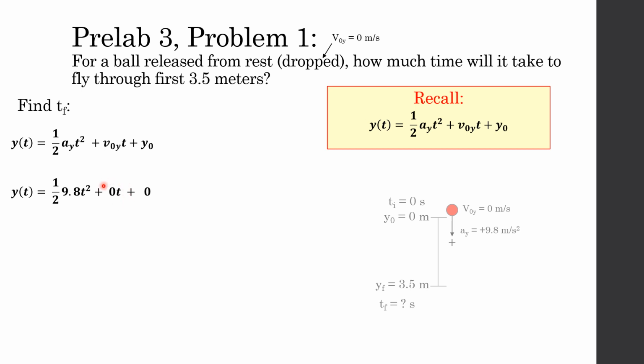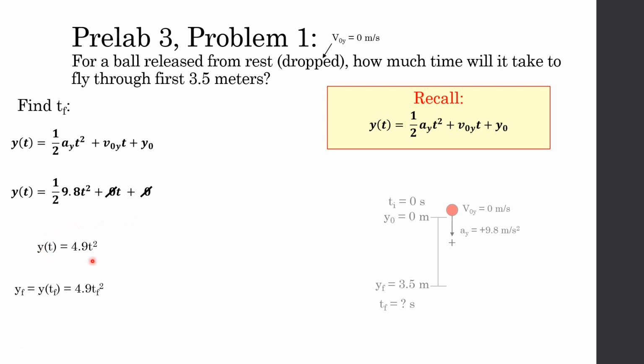As we talked about, there is no initial velocity. It is 0, so 0t. And then there is no starting height, so I set it to 0. So this is also 0. Since both of these values are 0, they're going to go away, and more simply, we just have y of t is equal to 4.9t squared.